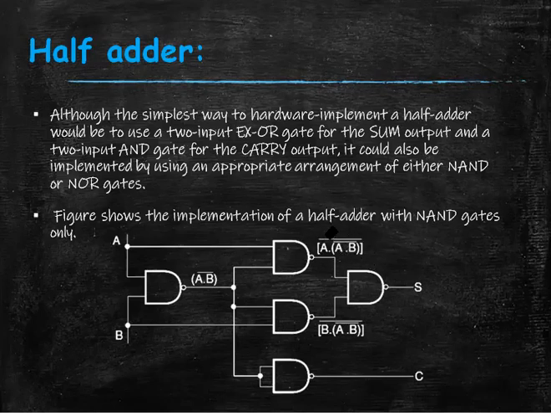Then we can simplify these quantities to A bar B plus AB bar. Using De Morgan's theorem we can simplify it.